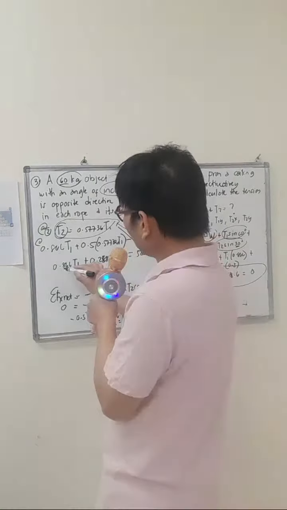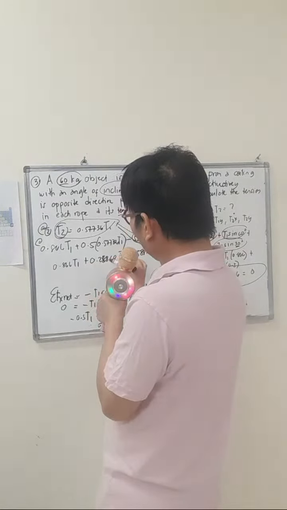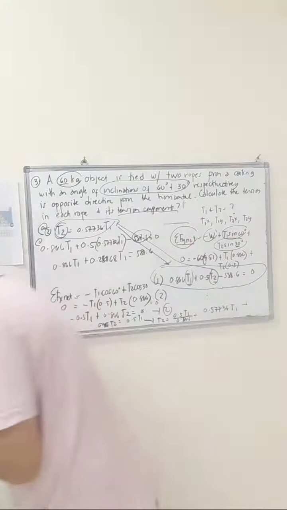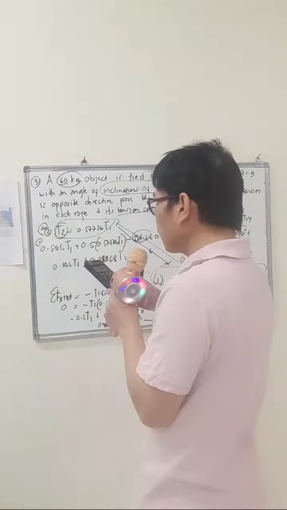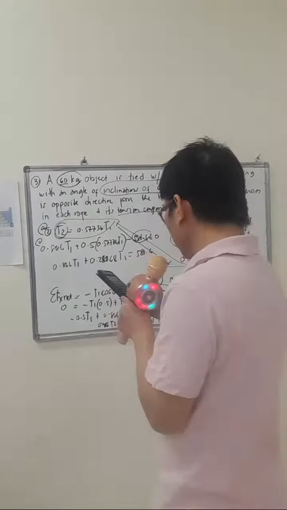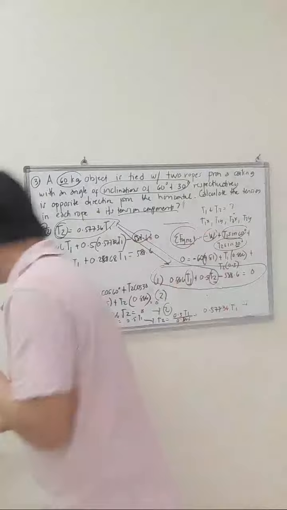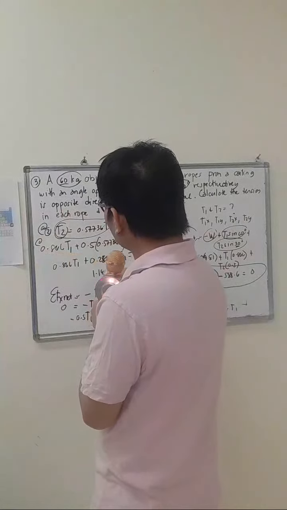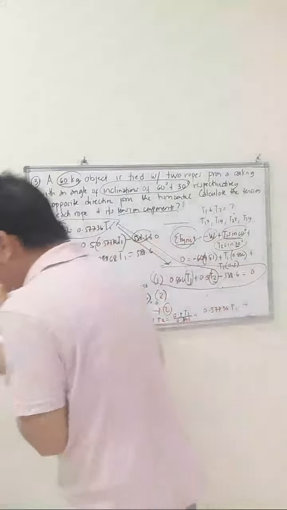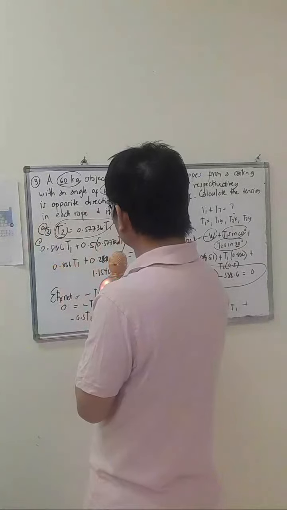Then 0.866 T1 plus 0.28868 T1, we have 1.15468 T1.